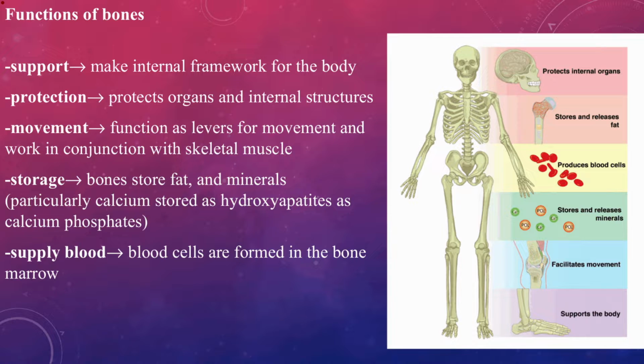Bone is for storage, and we always appreciate the storage of calcium, but we also have phosphates. We also store fat within the bone. Actually, in adult long bones, the marrow cavity has fat.